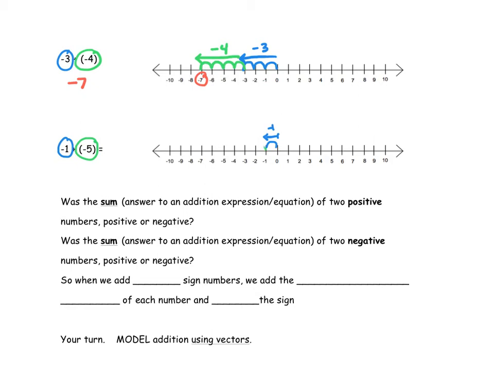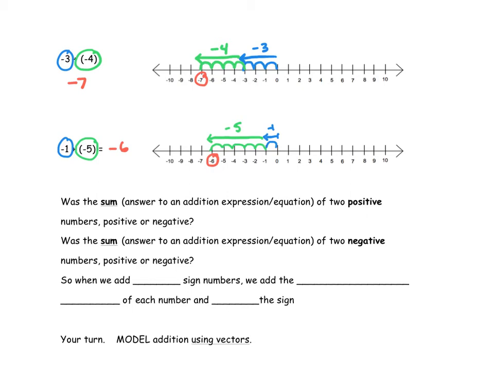So starting at negative 1, I'm going to count 1, 2, 3, 4, 5. I like to count on the number line so I'm very clear how long my vector is. And this is a model of negative 5. And you can probably see where we landed. We landed on negative 6. So my answer is negative 6, and it goes behind the equal sign because this is an equation, or what is also sometimes called a number sentence.